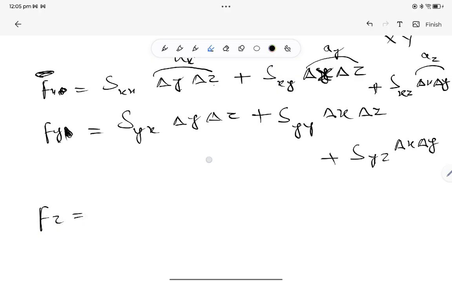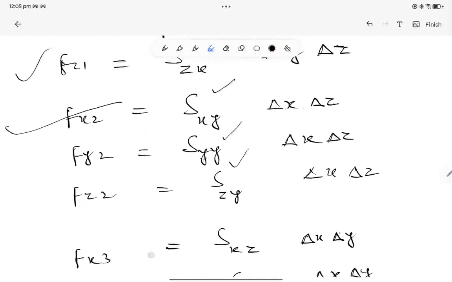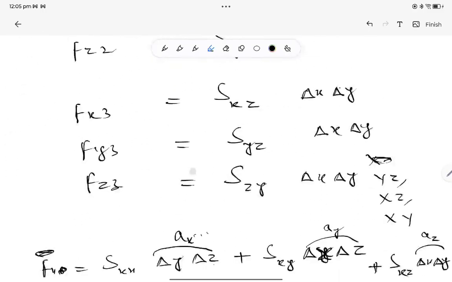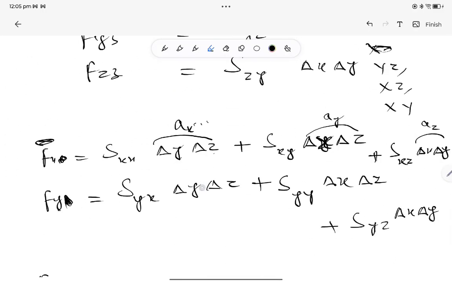Then we have Fz, which is equal to Fz1, Szx, delta y, delta z. The area here, you see, is the same. You can easily write the rest. Since the area is perpendicular to the x-axis, it is x, delta y, delta z.